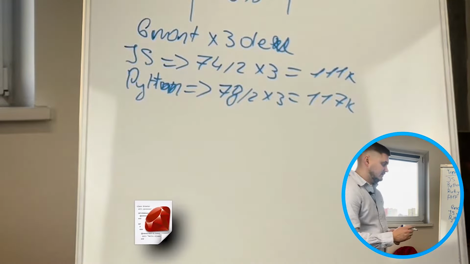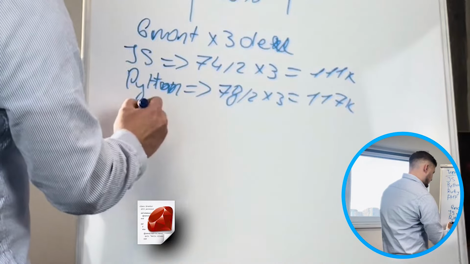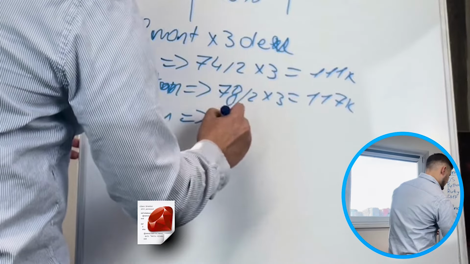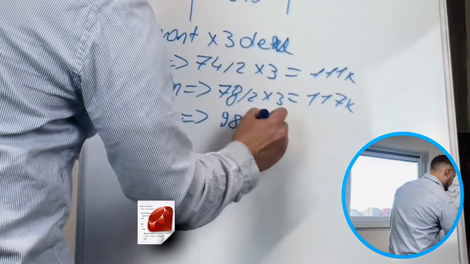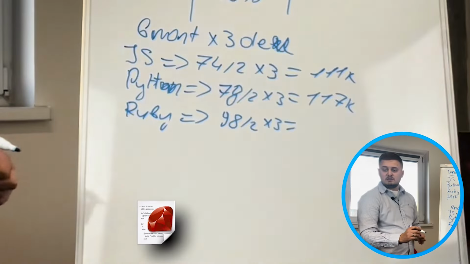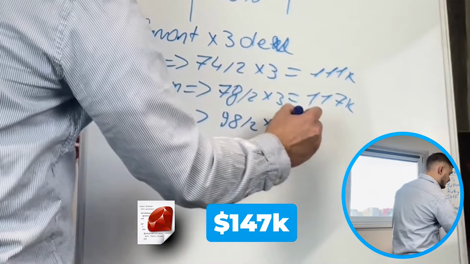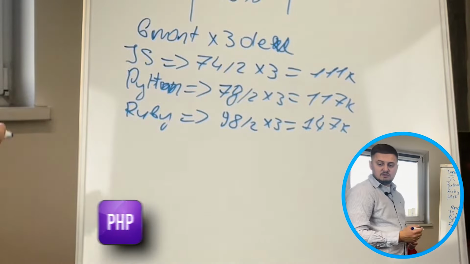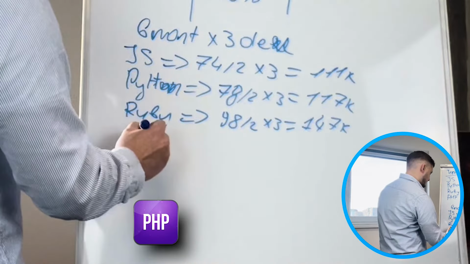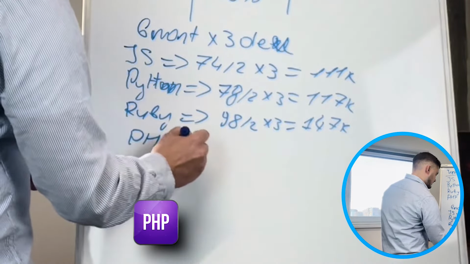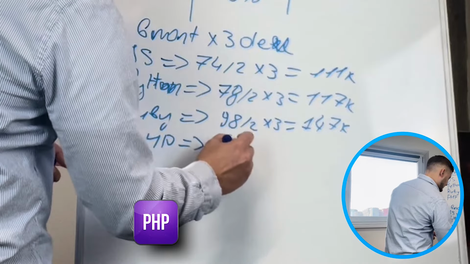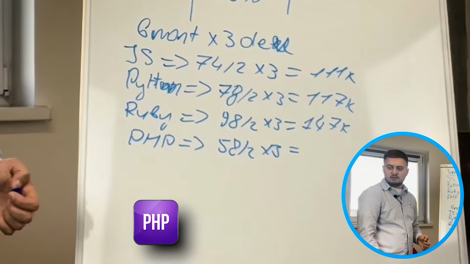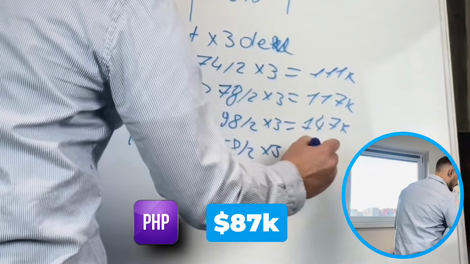And then let's take Ruby and do the same math here, and it will be 98 by 2 by 3, and it's equal to 147. And then we will do the PHP, obviously, the last one, and it's 58 by 2 by 3, and it's equal to 87,000, right?